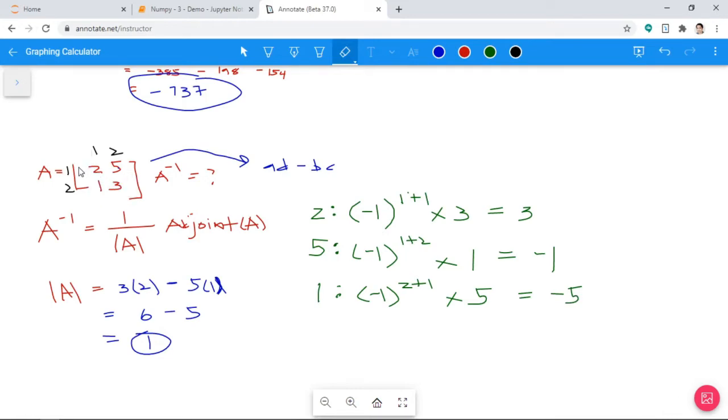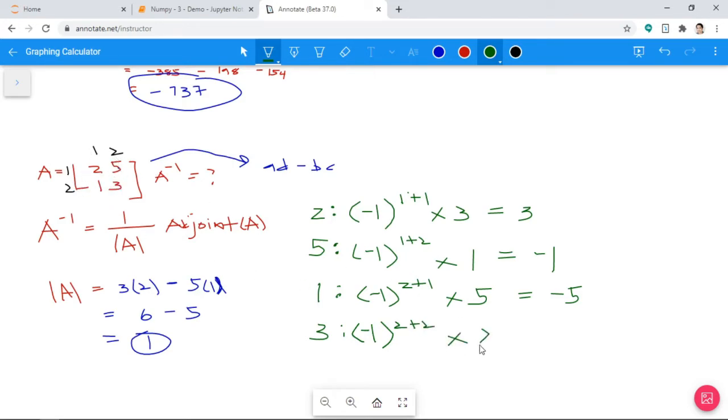Okay, so last one. Let's find the cofactor for 3. The cofactor for 3 is just the same. So negative 1 raised to the power of row 2 plus column 2, so this one is 2 plus 2, times... we're concerned with 3.